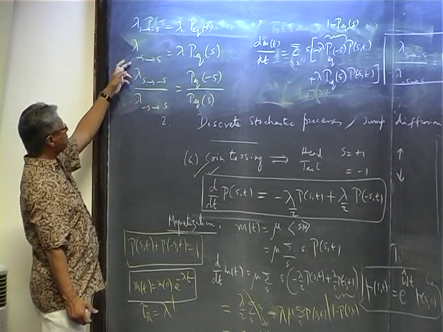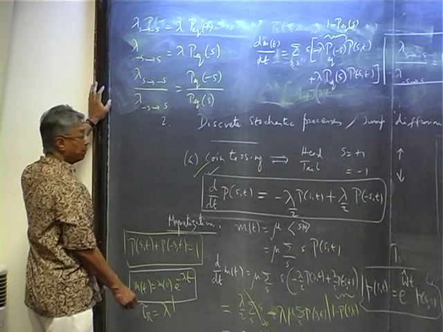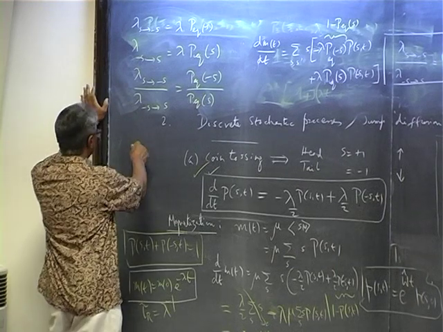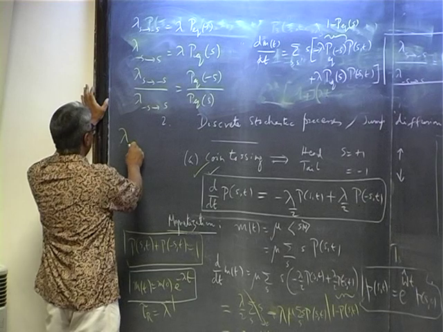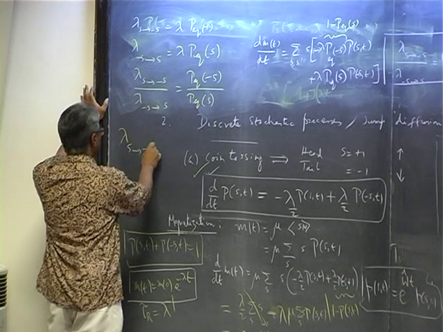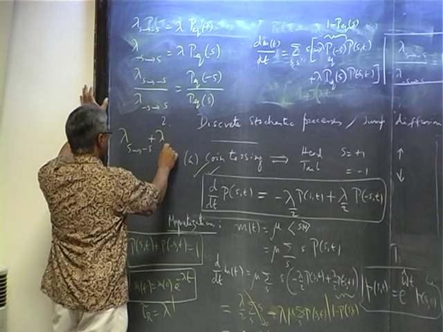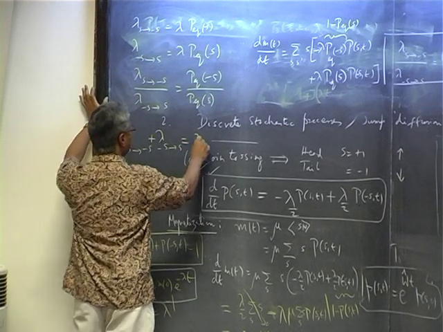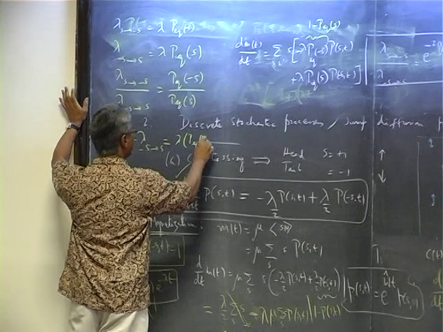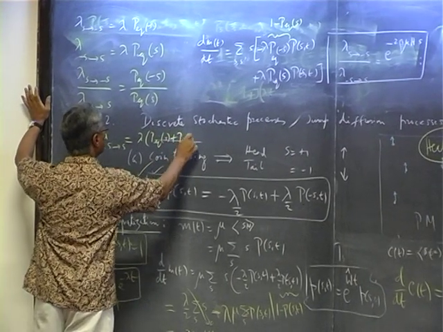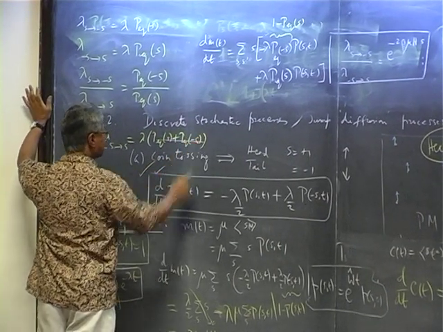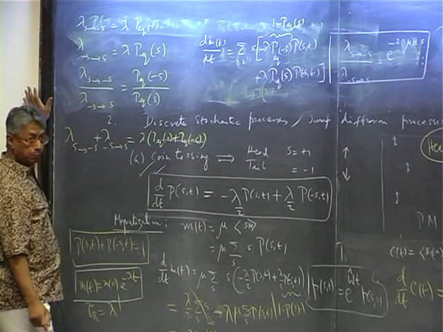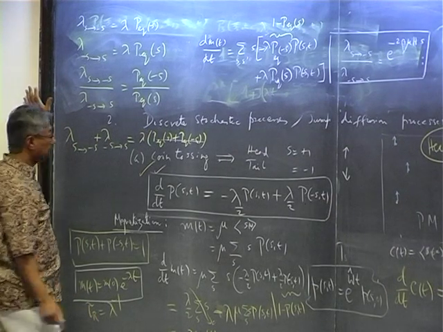And furthermore it puts a constraint, and for the two-state problem actually it's almost automatic, but let me not get into that discussion. Suppose I sum these two, I'll get lambda times P equilibrium of S plus P equilibrium of minus S, and that's equal to 1, because probability is normalized.